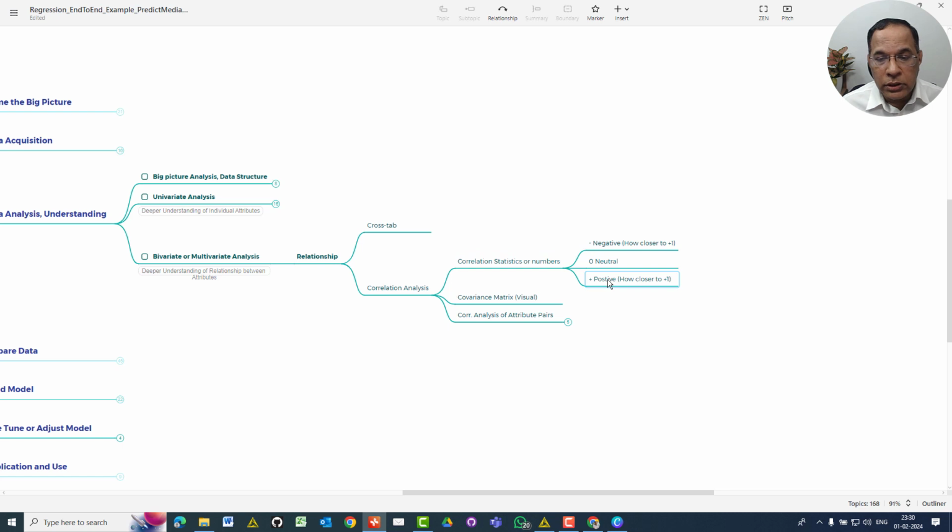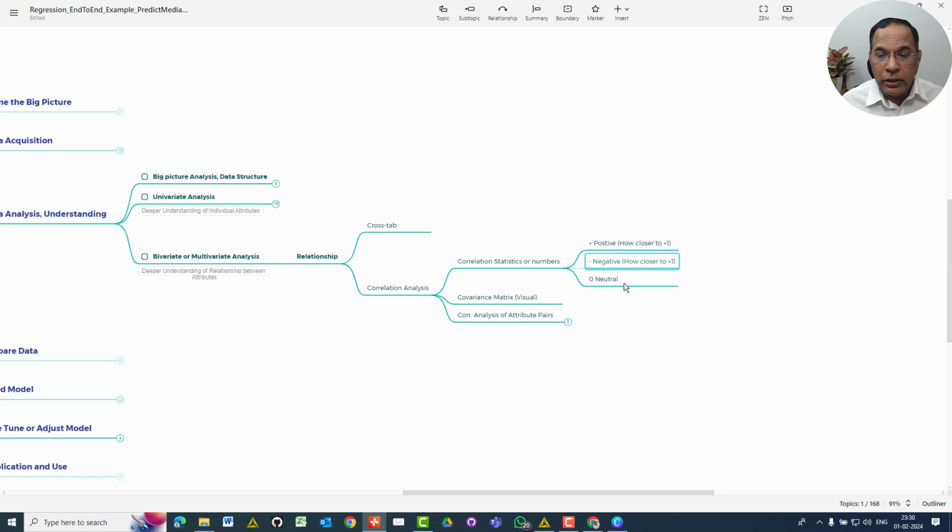Now correlation means, are they moving together, right? So for example, if the temperature drops, there's a high chance of snow that's going to occur today, right? If the temperature goes up, the chances of snow coming in will be less. So that's an example of a negative correlation, a simple example.